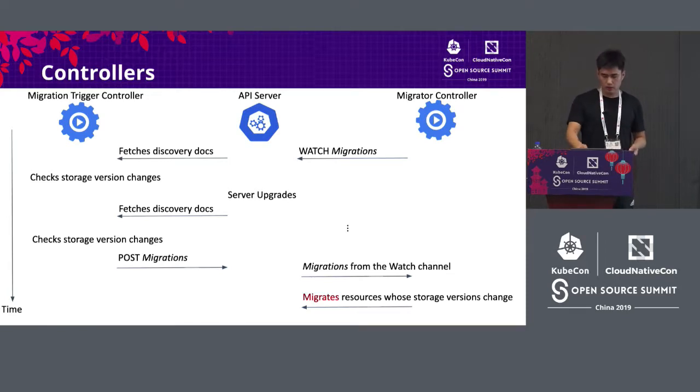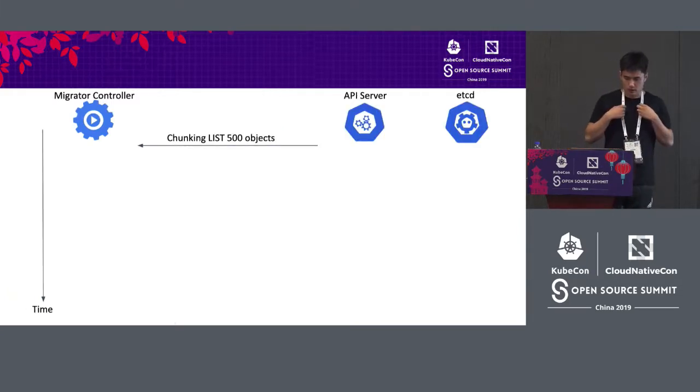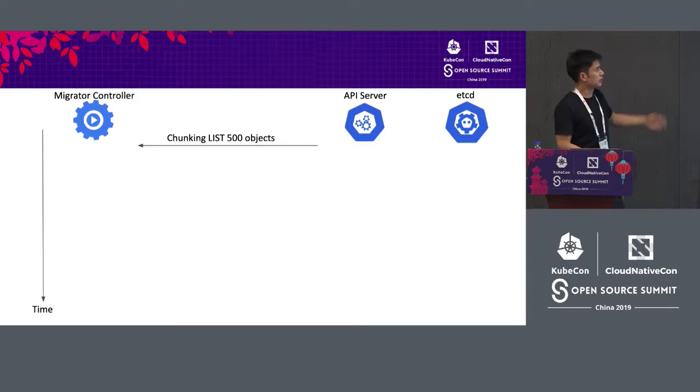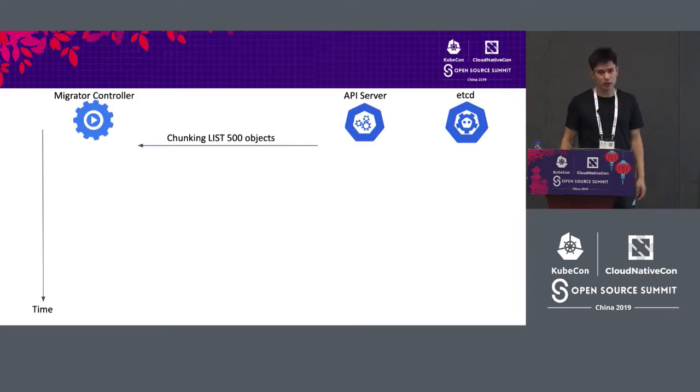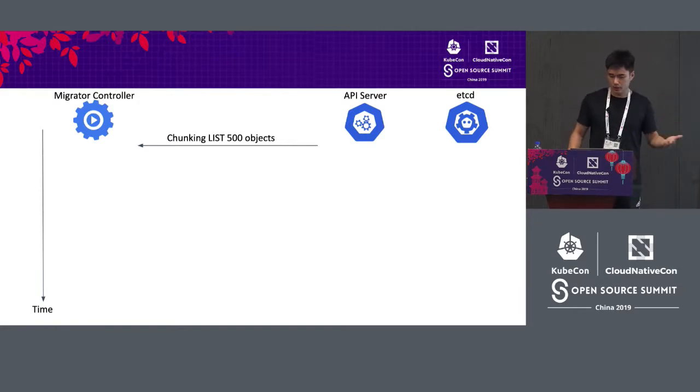Let's zoom into how the migrator controller actually migrates a resource. Here, the migrator controller is on the left, and we have the API server and etcd on the right. To actually migrate a resource, the migrator controller will first use the chunking list API to list the first 500 objects of the resource.